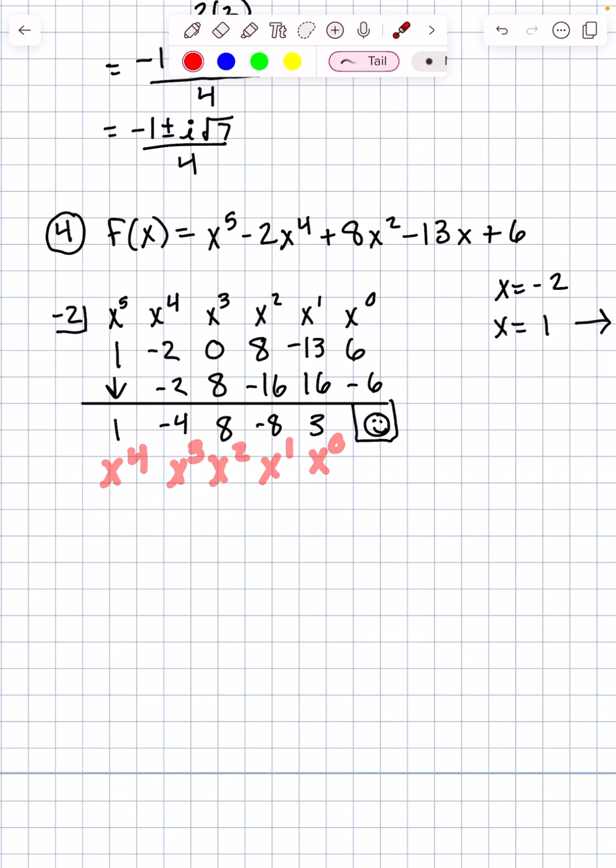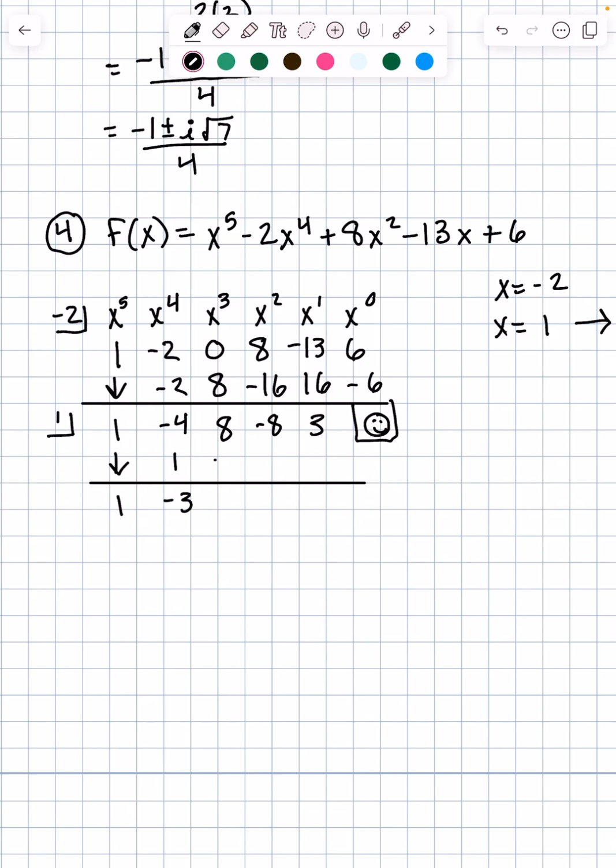So let's keep going. Let's plug in 1 and use synthetic division. Okay, and I know that 1 is going to be an answer at least another time, so let's just plug in 1 again.